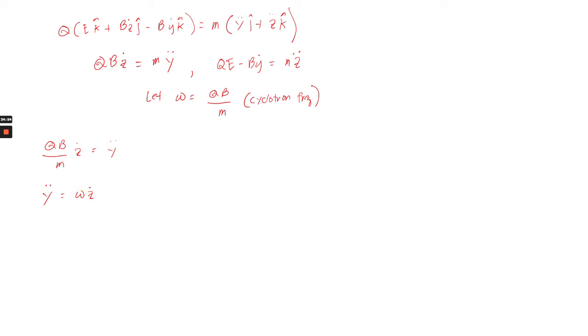For the z equation, you have qE over m minus qB over m y dot equals z double dot.